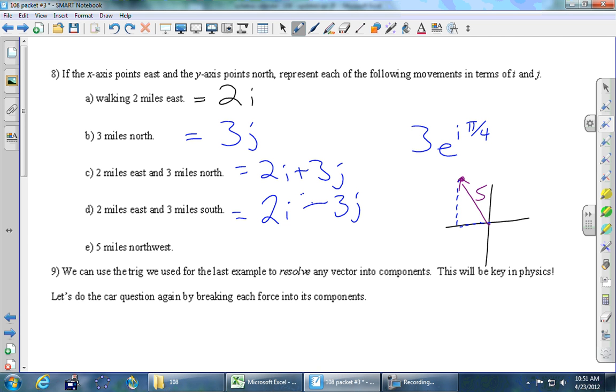I claim that the numbers aren't obvious for how long they're supposed to be, but we have work that we can do. That 5 is our r value, right? It's how far. Can you guys tell me the angle that will get us there perfectly northwest? Yeah, so we'll say it in our standard, always from the positive x-axis. And what you're looking for is the x piece and the y piece, and we have formulas for the x and the y in terms of the r and the theta.